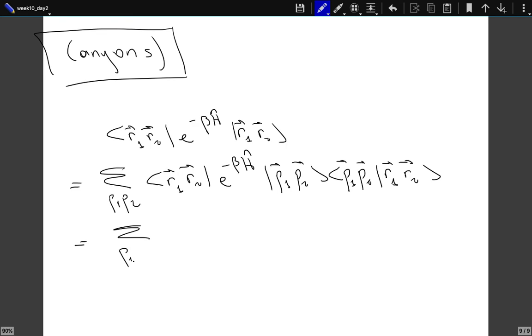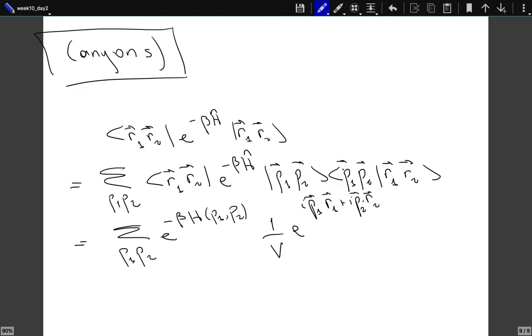Which will be equal to the sum over P1, P2 of e to power minus beta H with momenta P1 and P2. That is just the Hamiltonian acting on this state. And here I have 1 over V. This matrix element just gives me the wave function e to power I P1 R1 plus I P2 R2.